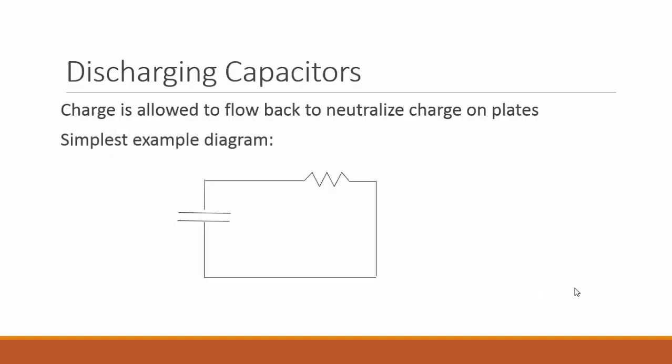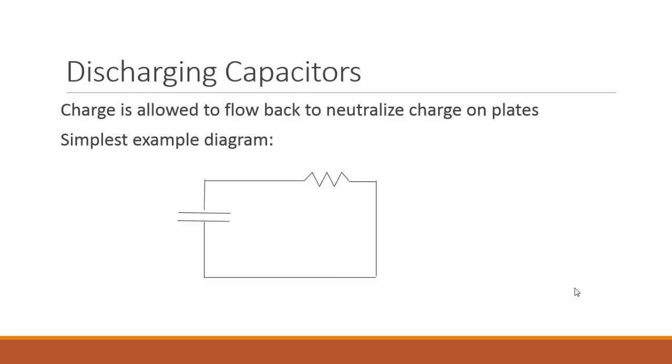There are two basic processes we're going to look at for RC circuits, and that's charging and discharging capacitors. Because here's why. Capacitors charge up as current continues to flow. As it charges up, it becomes harder and harder to put more electrons onto one of these plates, which slows down the current.